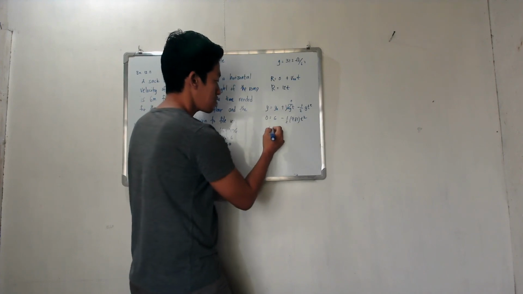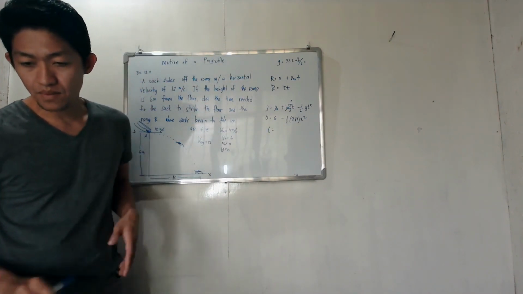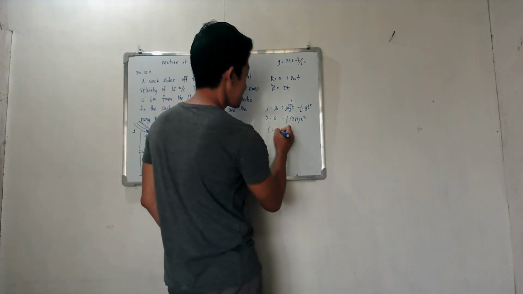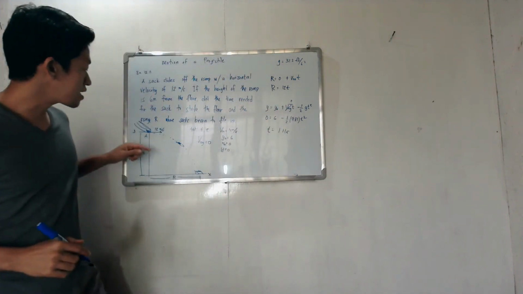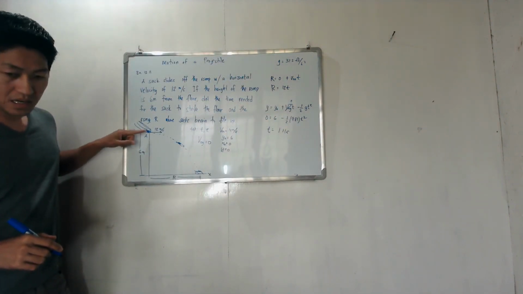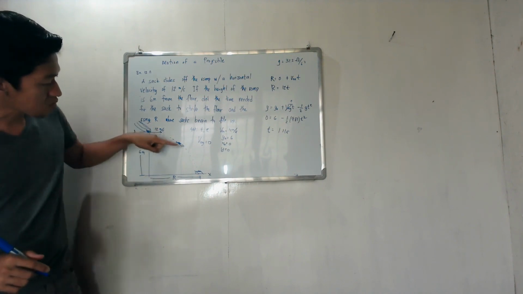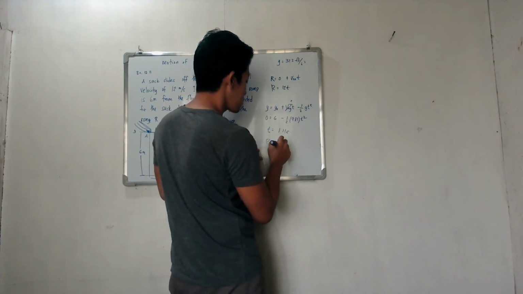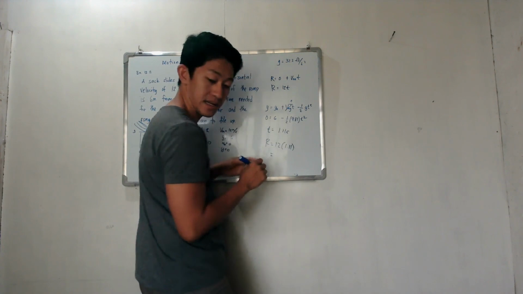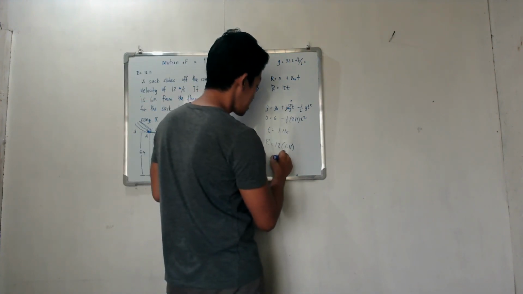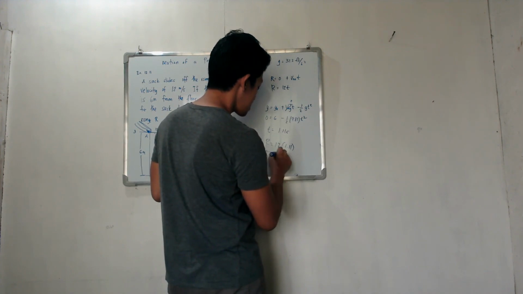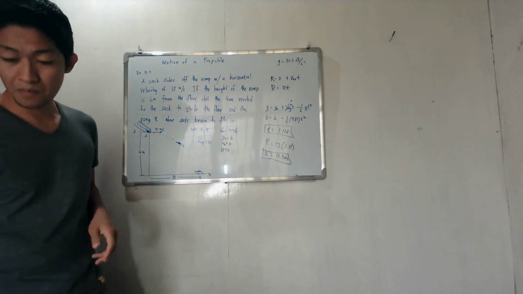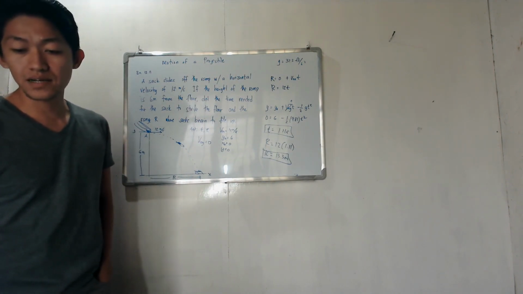Based on this, t will be 1.11 seconds. Multiplying, R is equal to 12 times 1.11, which is 13.3 meters. So that's it. Other examples are in the book.